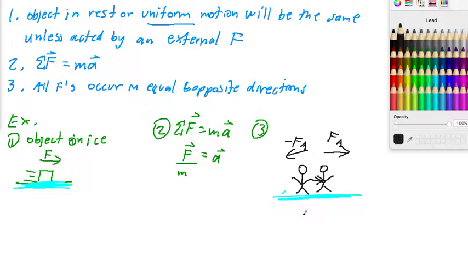It's because, notice from equation 2, the acceleration, the speed that you'll pick up, depends on the mass. So if your kid is 3 times lighter than you, then the acceleration will be 3 times greater for him than for you. That's why.